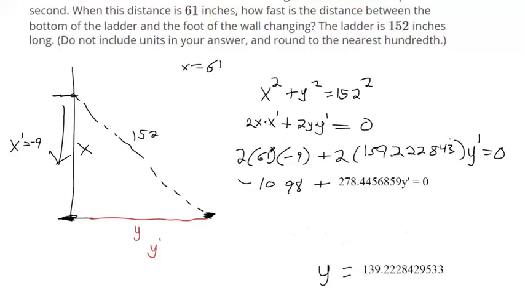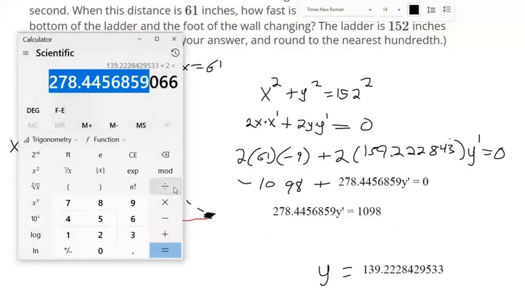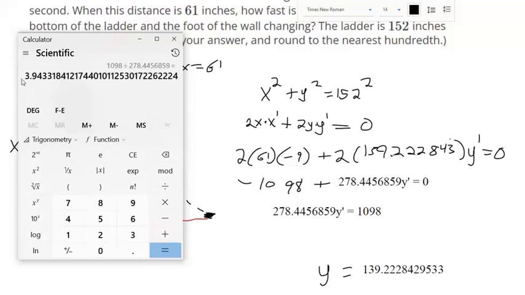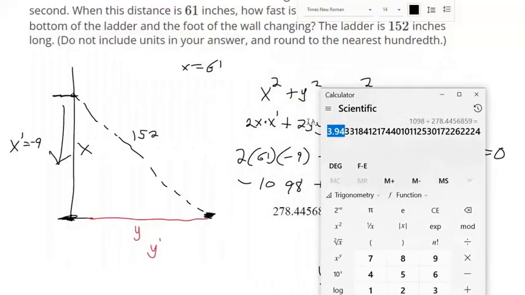Okay, so if I'm going to get y by itself, I want to add that 1098 to both sides. The last step is to divide that 278 from both sides to get y prime by itself. So y prime, we got 3.94 to the nearest hundredth. So it's moving at a rate, it's increasing at a rate of 3.94 inches per second.